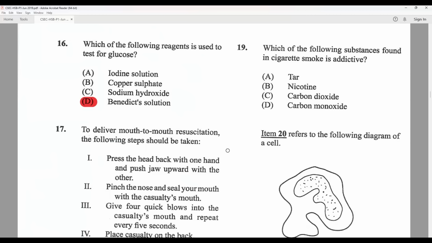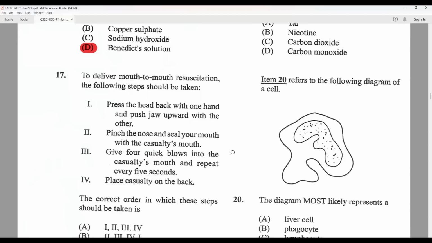17, to deliver mouth-to-mouth resuscitation. And we have just started to enter into the topic of respiration. To deliver mouth-to-mouth resuscitation, the following steps should be taken. You should press the head back with one hand and push the jaw upward with the other. Pinch your nose and seal your mouth with the casualty's mouth.